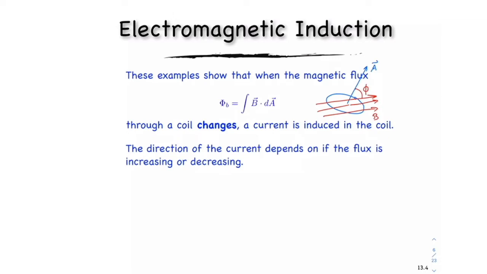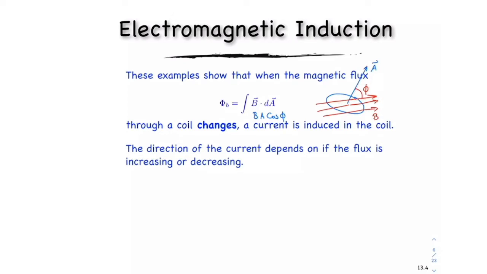That's the value that when we multiply B times A times the cosine of the angle between them to get the dot product, that's the angle we're talking about, the angle between the area vector and the magnetic field.